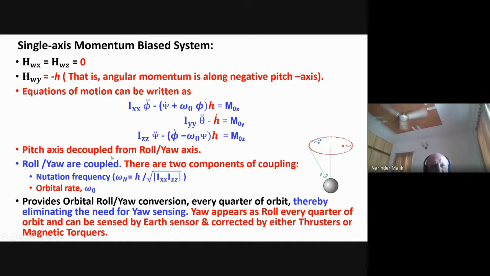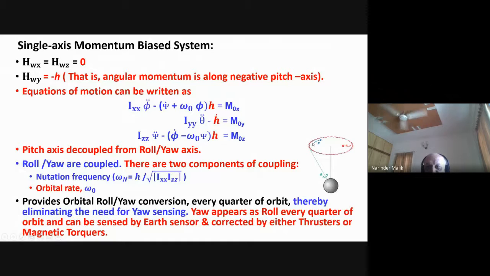Now, roll and yaw are coupled, and there are two components of coupling. One is omega naught, the orbital rate, and the other is the nutational frequency, which is nothing but omega n equal to h divided by the square root of Ixx Izz. Here you see this represents the motion of the body in the orbit with respect to the orbit reference frame.